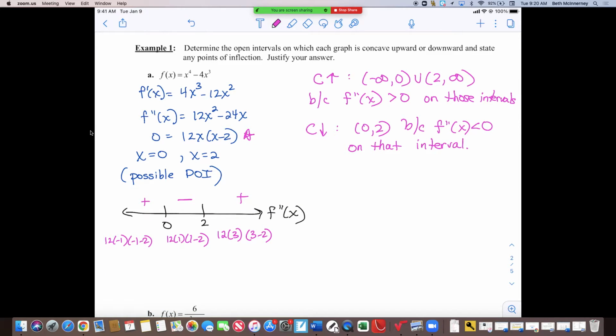Now let's talk about the points of inflection. At x is 0, does the second derivative change signs? Yes, so x equals 0 is going to be the x coordinate of the point of inflection. And at 2, is that going to be a point of inflection? Yes.